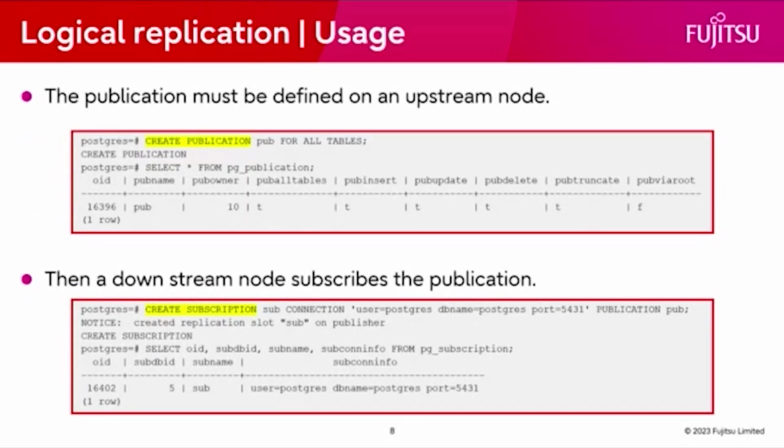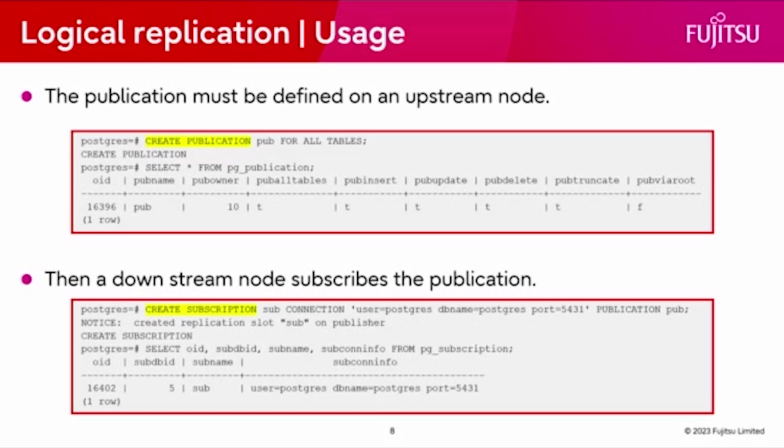To use logical replication, first, the publication must be defined on the publisher node. The publication has the responsibility to control which tables and operations are transferred. The users can create a publication via the CREATE PUBLICATION command, and the information will be added to the pg_publication system catalog.